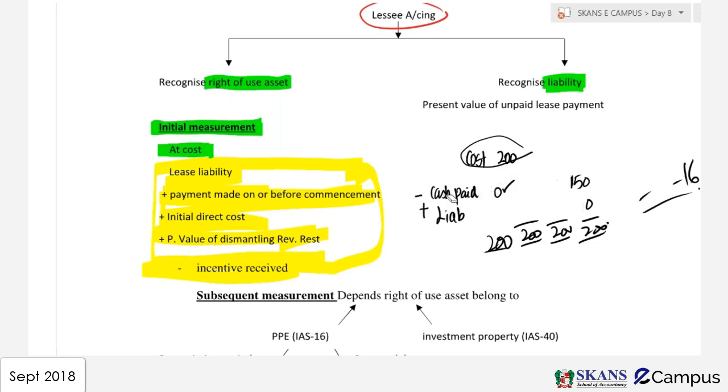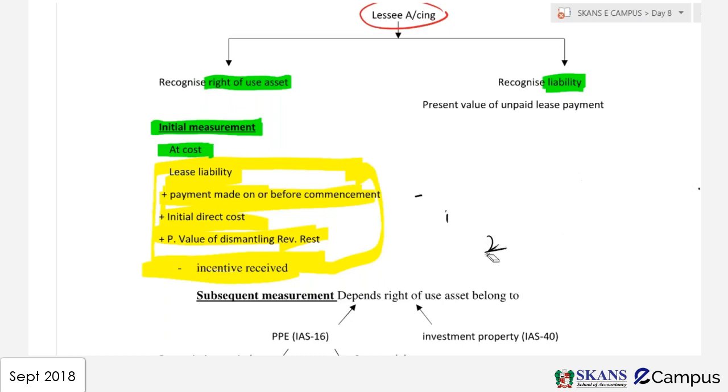So if you check, guys, what is the basic thing here? The asset cost has some components. The first component is the lease liability plus payments made on or before commencement. So you are going to add them both. Just assume you have a liability of 150 and you have paid 50 at commencement, then it means the asset cost is 200.